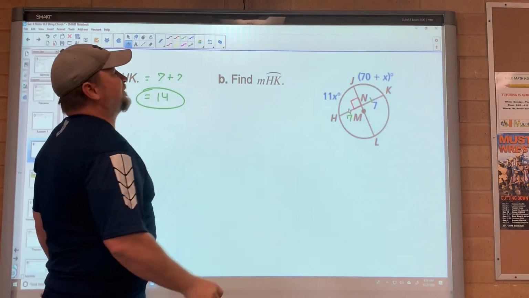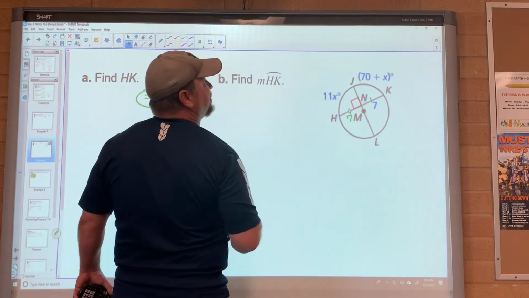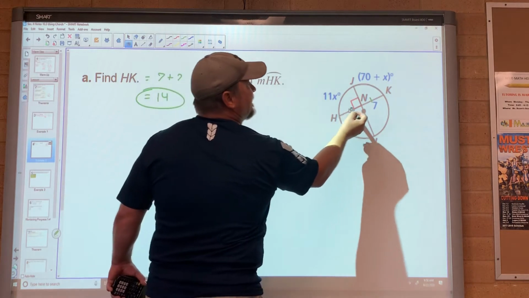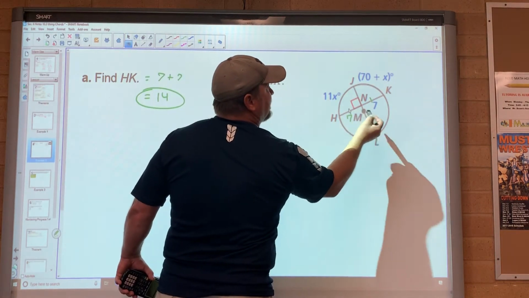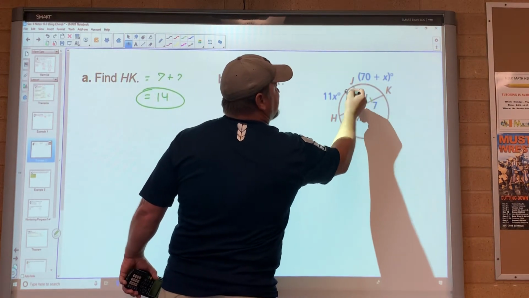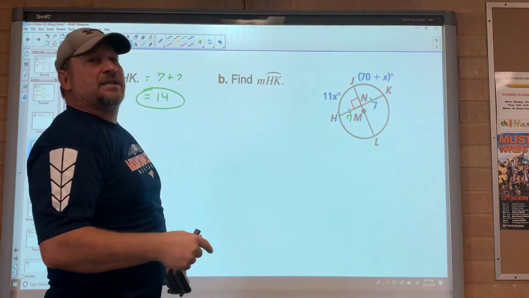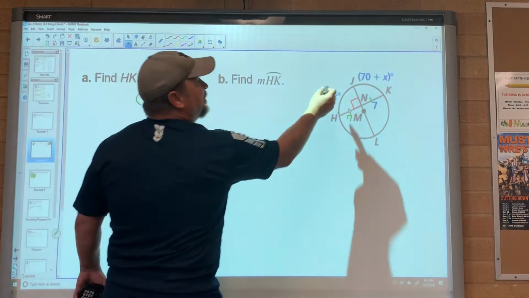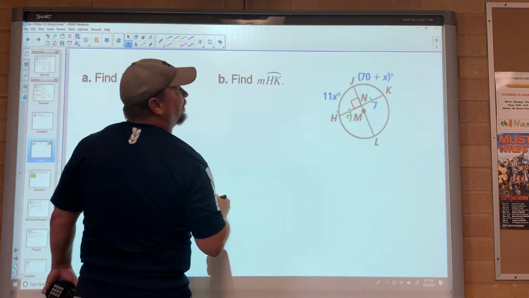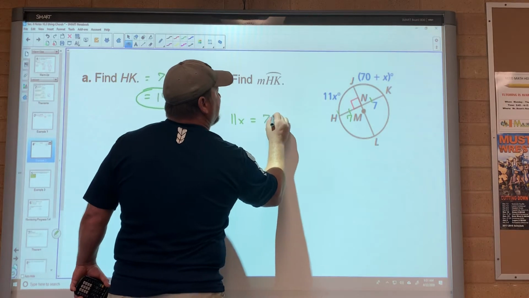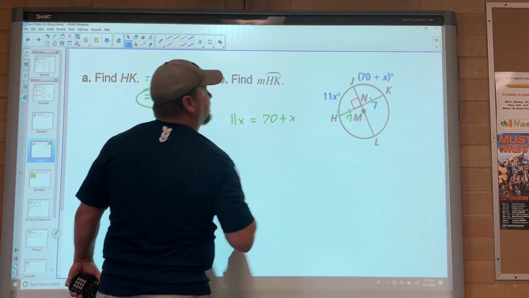Then it wants us to find the measure of arc HK. If this is congruent to this, then this arc is congruent to that arc. So we have to find x by setting those two arcs equal to each other. So 11x equals 70 plus x.